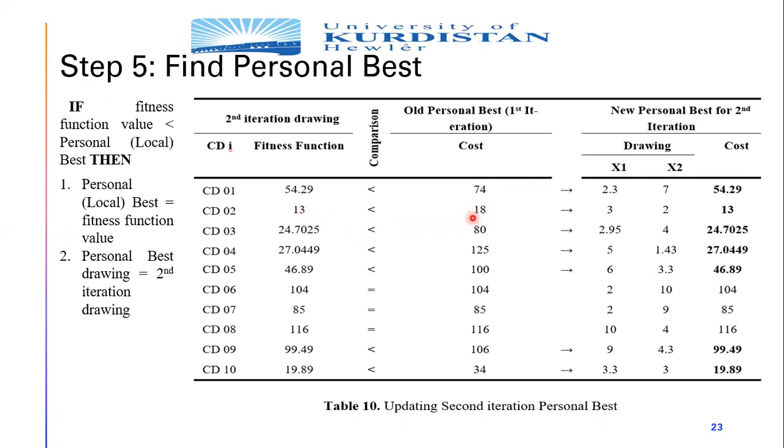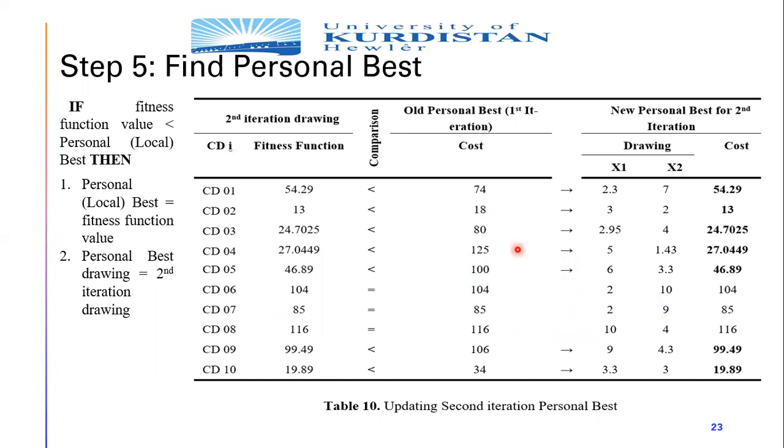But because 13 is better, we change solution number 2 to 13. That's the fitness that it has, and we take the updated dimension for it. But let's say if you update child 2 and you receive, for example, 35, which is greater than 18, we keep 18, and so on and so forth for all results.